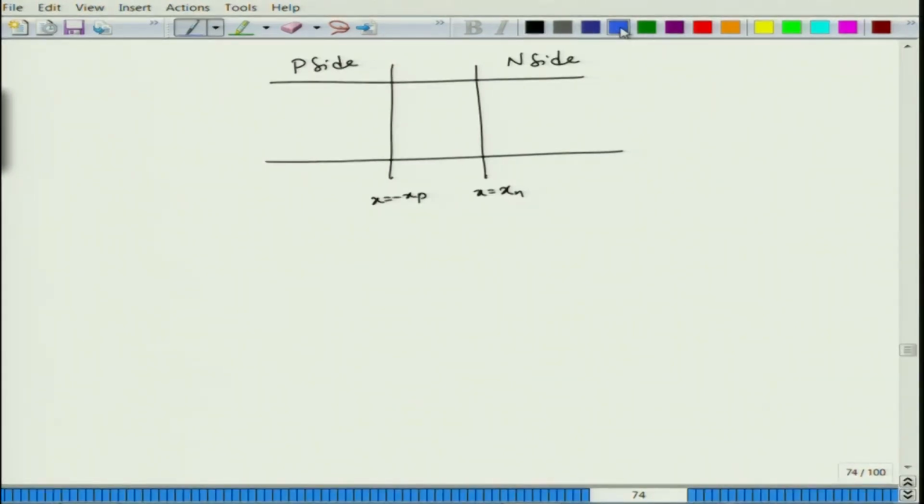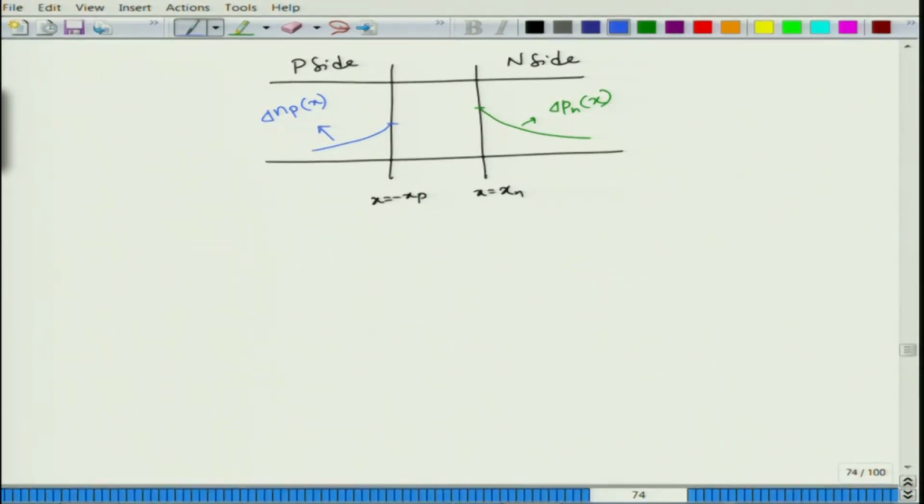For the p side, the delta n_p happens like this, and for the n side delta p_n. So, this is delta p_n as a function of x, and this one is delta n_p as a function of x.